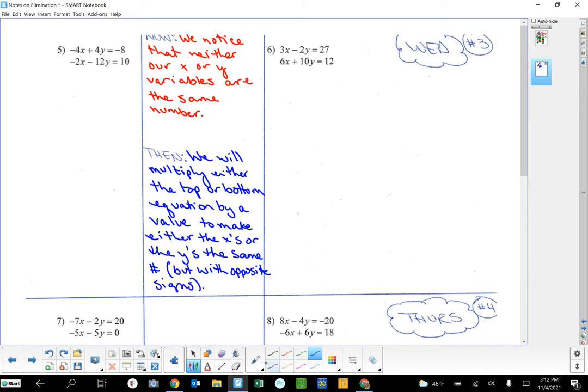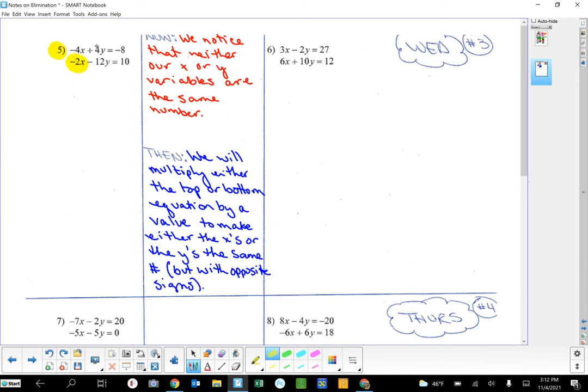Okay, so let's take a look here. And here's the hard part for people. Look at the smaller value. I'm going to highlight a couple things, but then I'm going to erase it. If I look at problem 5, in my x's the 2 is smaller, and I can make the 2 become a 4 by multiplying it by 2, so I can make my x's the same.